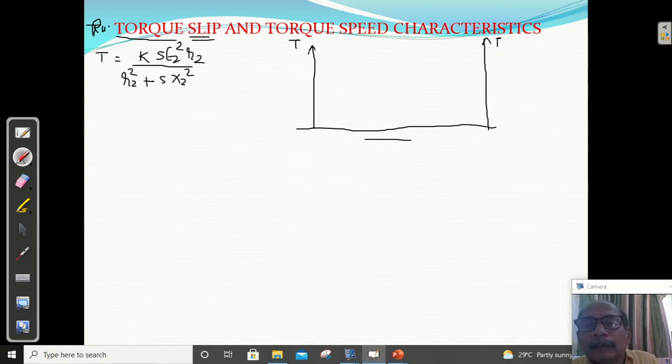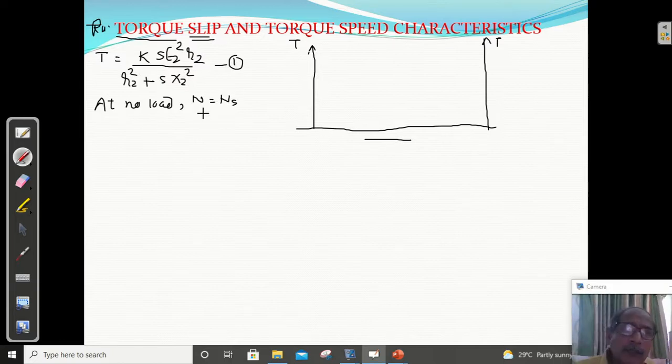Now in this expression number 1, at no load, and I am assuming it is not possible, suppose assume n equal to Ns, speed equal to Ns. It is not possible, just I am assuming. If n equal to Ns, what is the slip?